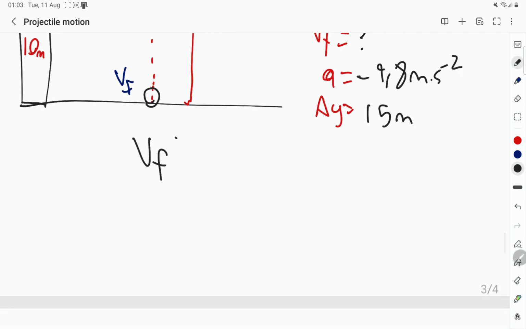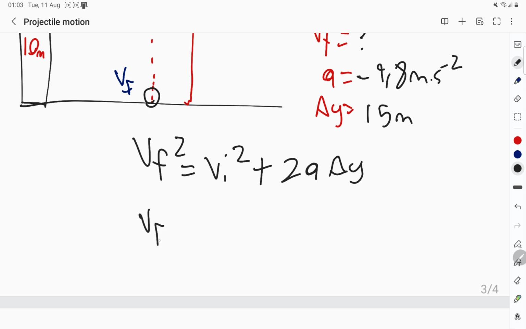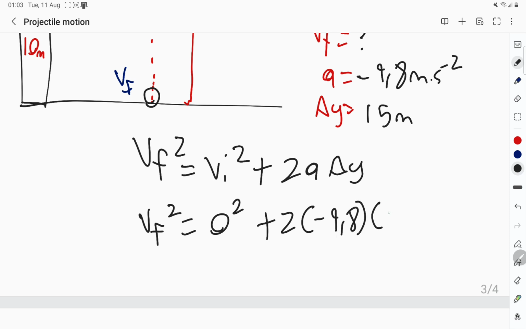Vf squared is equal to V initial squared plus 2a delta y. Our V final is what we are looking for, V initial 0 squared plus 2 times negative 9.8, because we chose up as positive, times delta y.